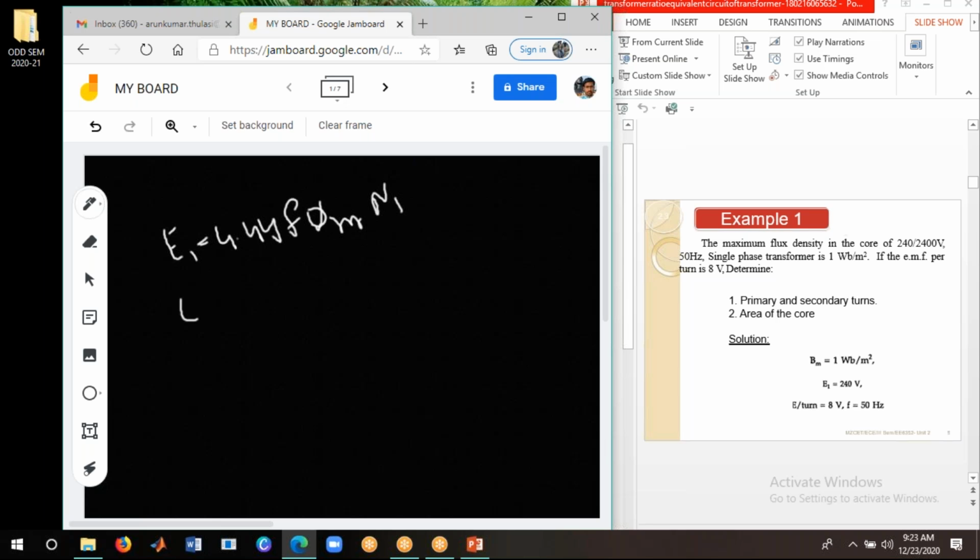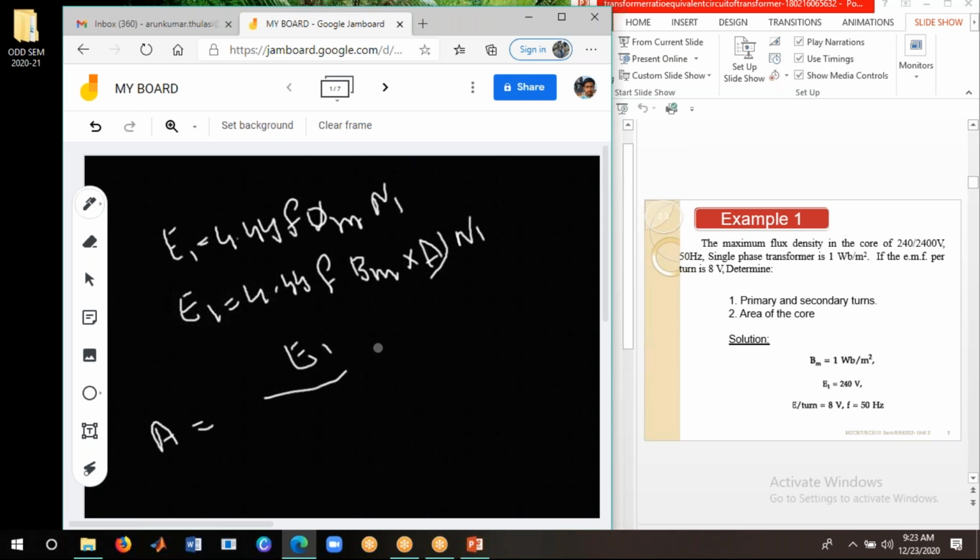From this, you can write E1 equals 4.44 f. Instead of phi m, I can write Bm into A, and N1. So we need to find the value of A, right? Now I can write A equals E1 divided by 4.44 into 50 into the maximum flux density.